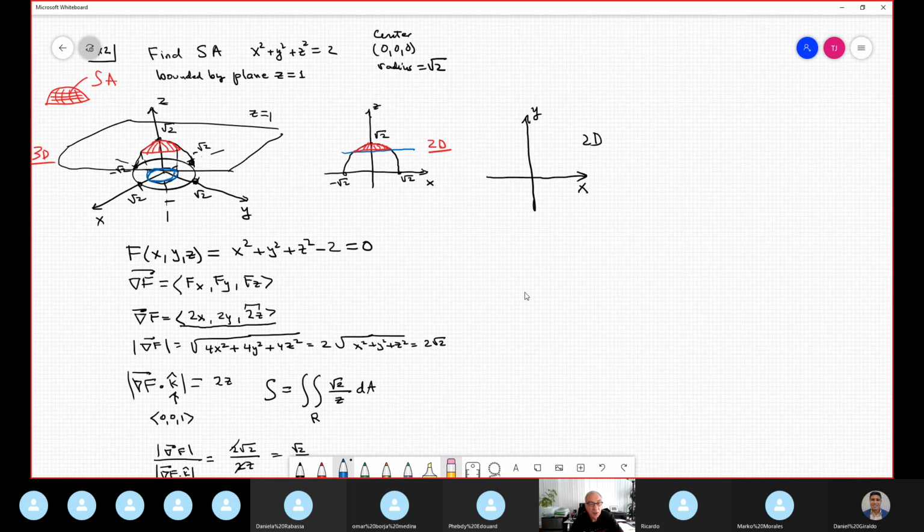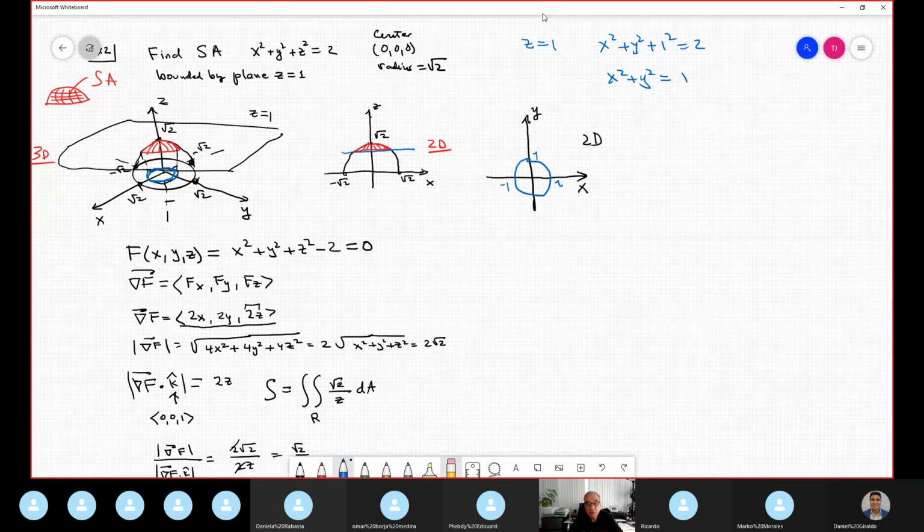That one. This is at z equals 0. No, z equals 1. So if I assume that z is 1, that is the plane z equals 1, we have x squared plus y squared plus 1 squared equal to 2. Then we have x squared plus y squared equal to 2 minus 1, which is 1. Wow, it's again the unit circle. So our region R is a unit circle. This is our region R.